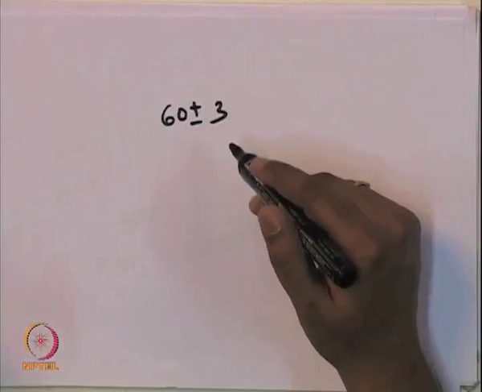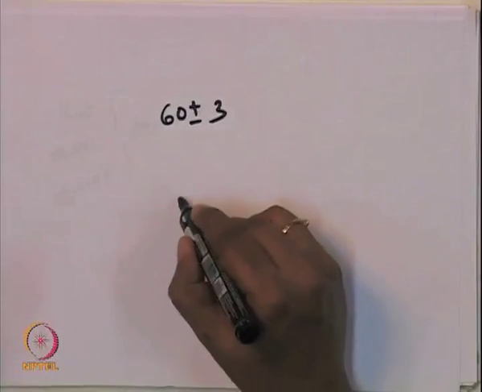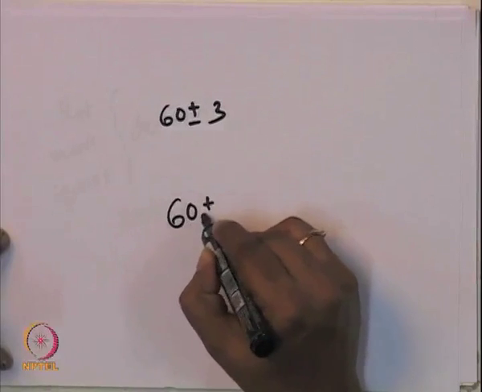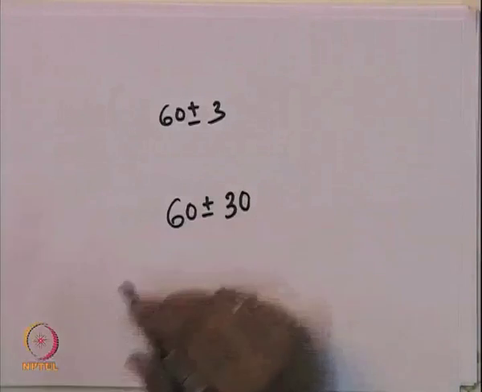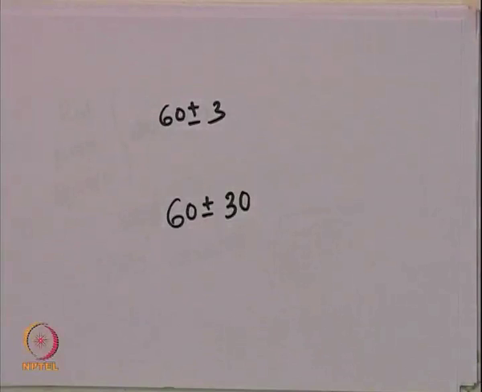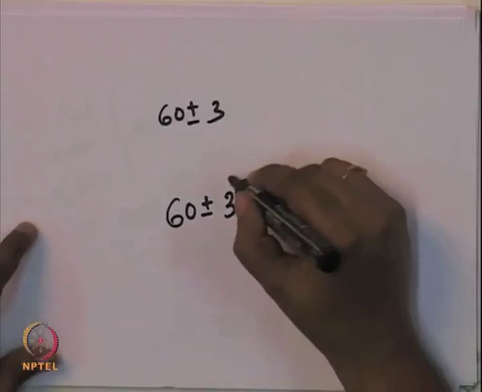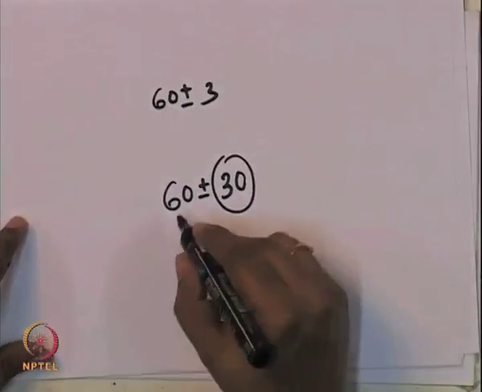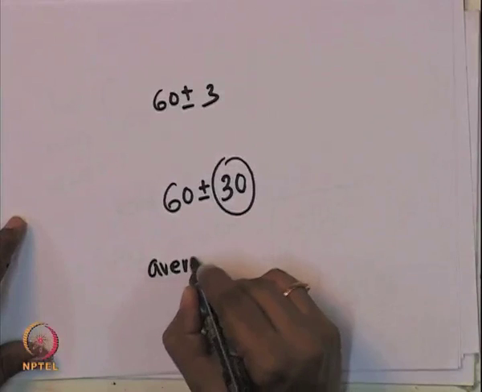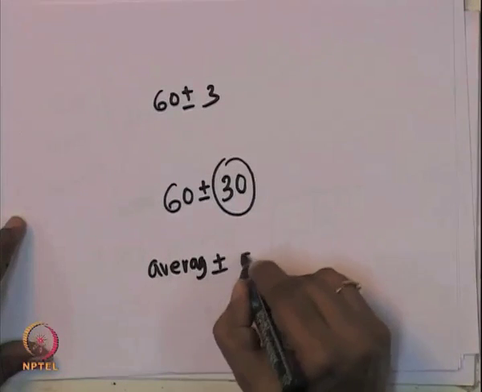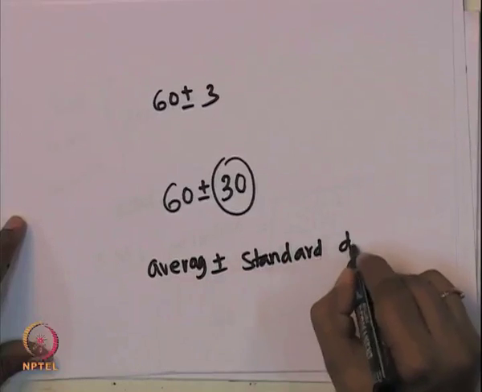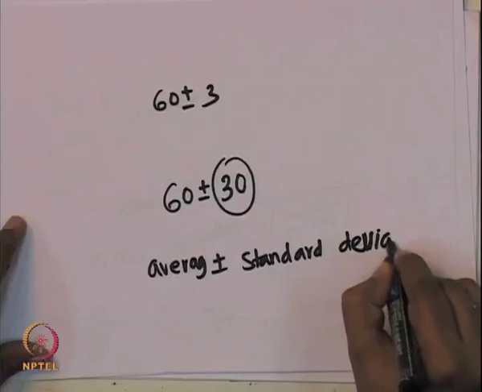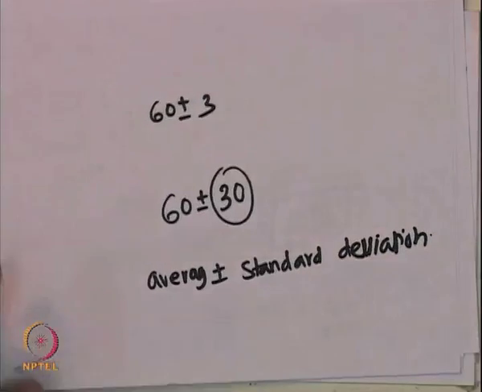But if somebody tells you my average is 60 plus or minus 30, that means the marks are extreme. Some marks are very low and some marks are very high. So this quantity, the standard deviation, is basically average plus or minus standard deviation. That's what we just discussed.